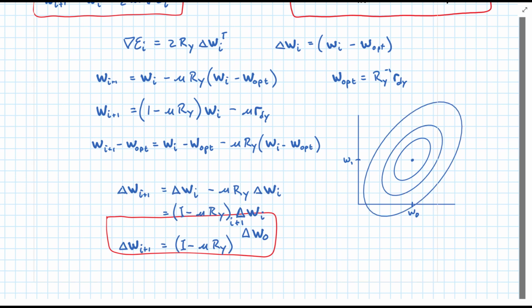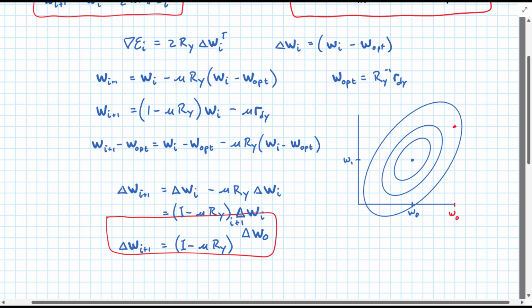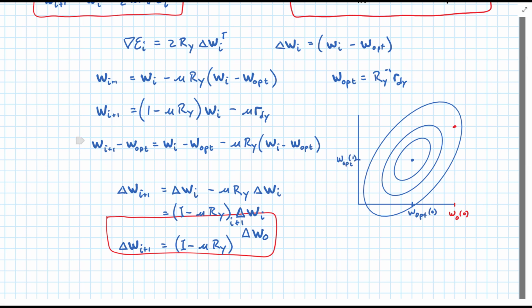So as we have some initial guess, maybe our initial guess is here. I guess our notation is failing a little bit at this point. So I'm going to call this our initial guess, and this will be W opt 0 and this will be W opt 1.